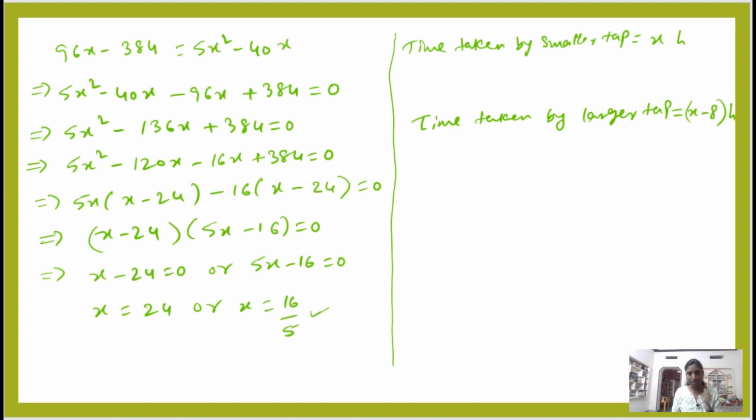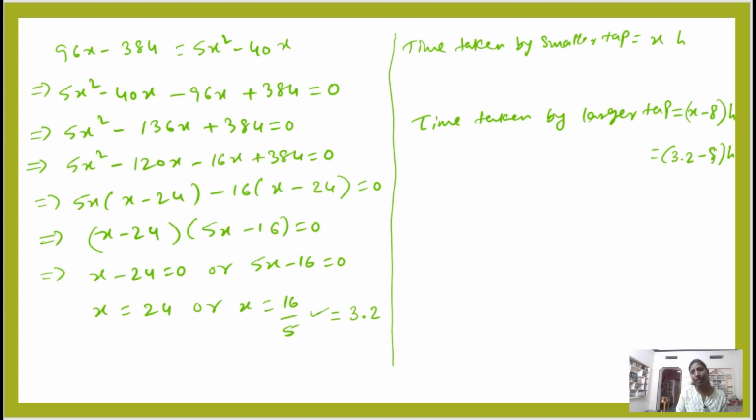Okay, so here what does 16 by 5 mean? If we divide 16 by 5, you will get what? 5 3s are 15. Okay, 1 will be left. We will bring a 0. Then we will put a point, and 5 2s are 10. 3.2. It means it is 3.2 minus 8 hours.